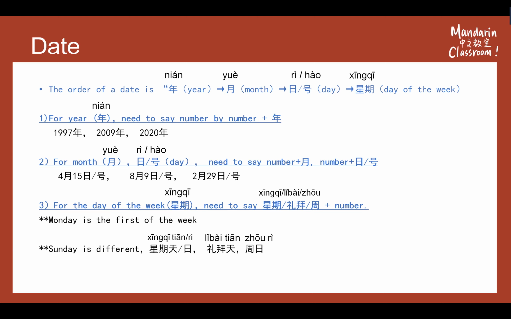But here's the difference. Let's see the next line. Sunday is the first day of the week in other countries, but in China, we treat Monday as the first day of the week. So Monday we express as 星期一. And Tuesday is 星期二. Wednesday, 星期三.